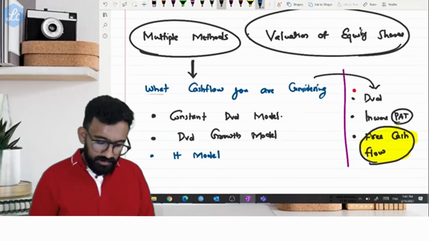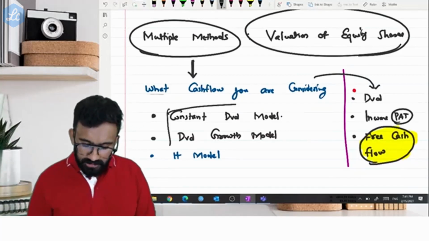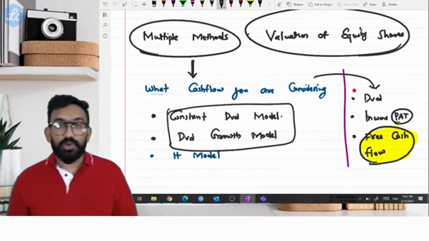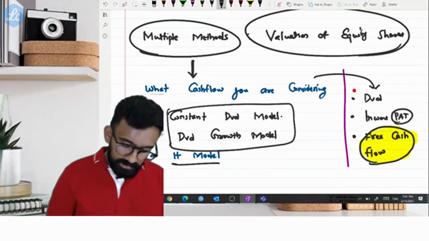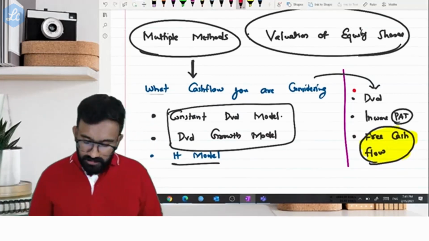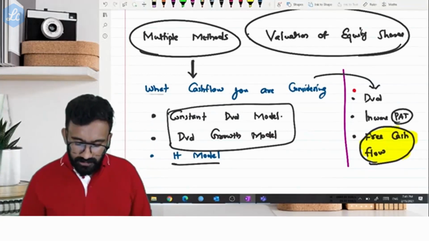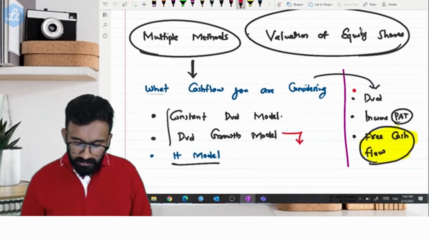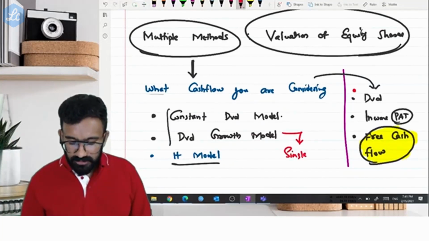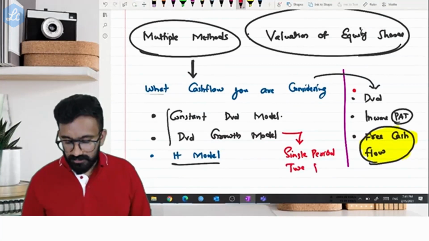So you have constant dividend, you have dividend growth model, you have H model. Here itself you have single period, you have 2-period, 3-period.